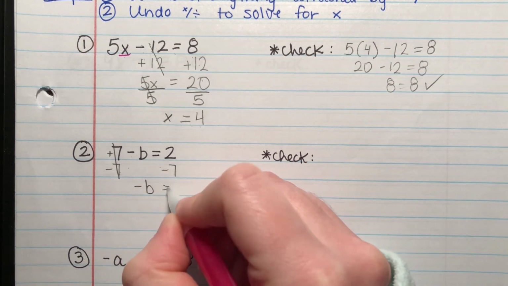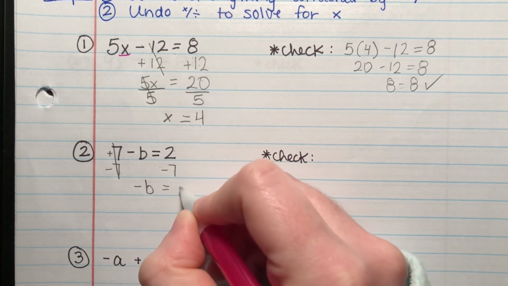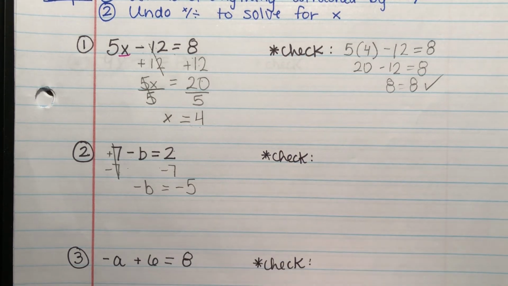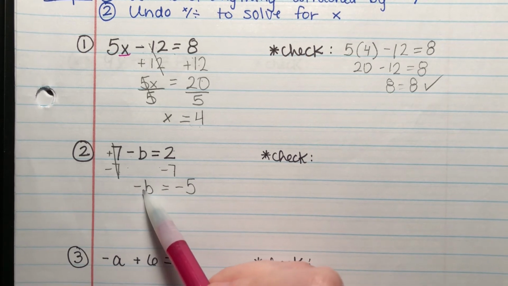Negative b equals 2 minus 7, which is negative 5. Now, I'm very close to being finished with this problem. I'm left with negative b equals negative 5. But I want to know what b equals. So I need to figure out how I can get rid of this negative.